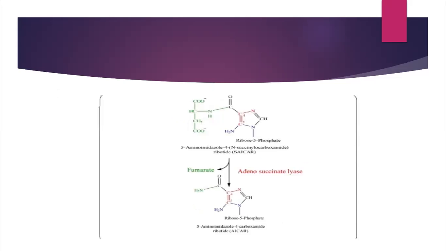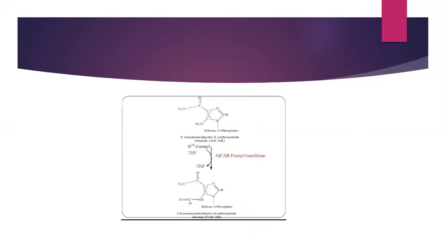Then the SAICAR molecule is converted into 5-aminoimidazole 4-carboxamide ribotide, AICAR, its short form, with the help of the enzyme adenylosuccinate lyase. And here the fumarate molecule is released.